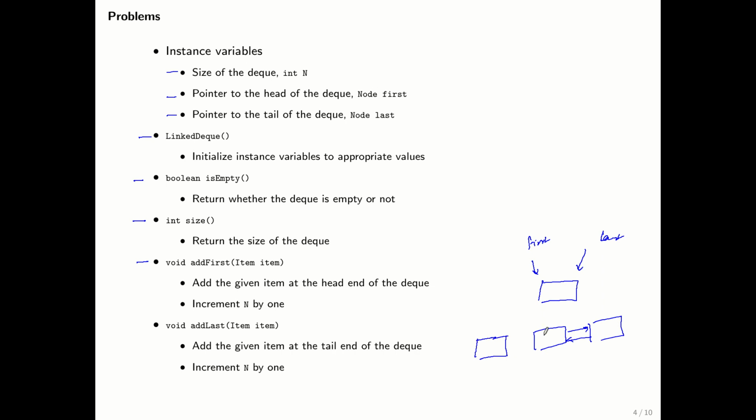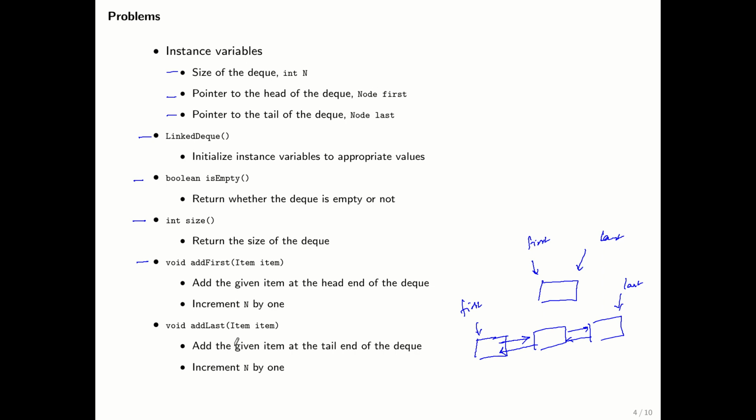In this case, you want to make sure that this is now the new first, and this is pointed to by last. And then you want to make sure that the next of the new first is pointing to the old first, and the previous of the old first is pointing to the new first. Okay, so that's how you work on add first.